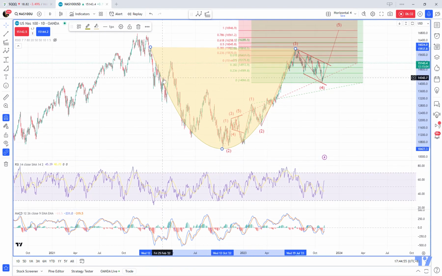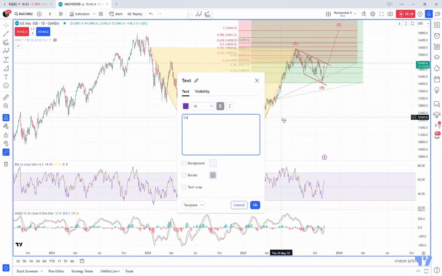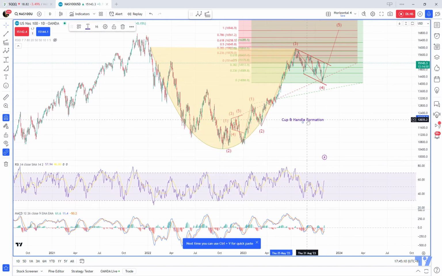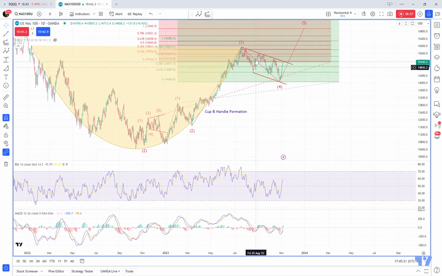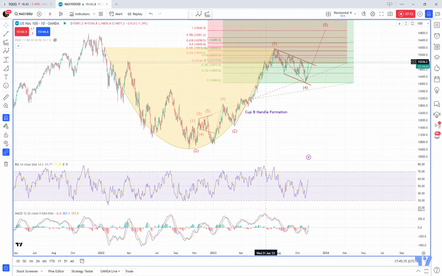So we have three reasons. One is the cup and handle formation, which is over here. And then we have this wave 4, which is quite clear to me. You can see this as a 1 A B C D E, or you can see it as A B C X A B C, whatever. So the actual waveform doesn't matter.